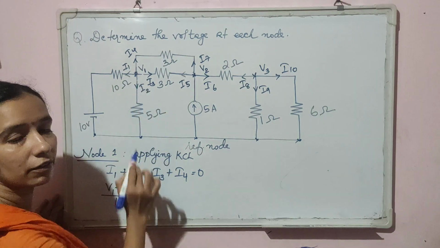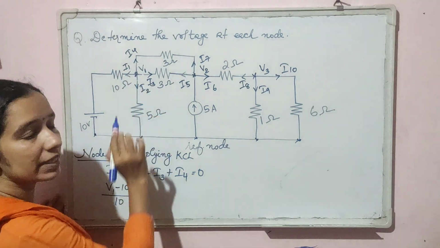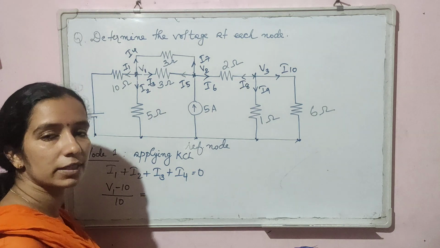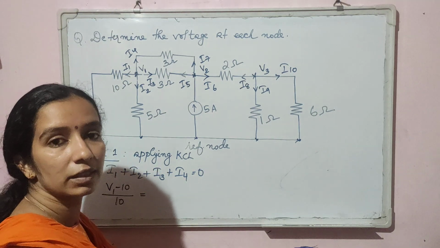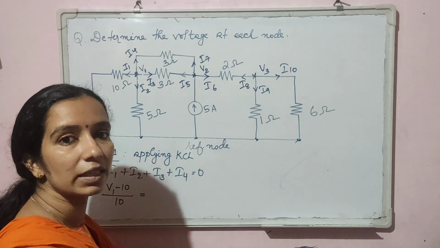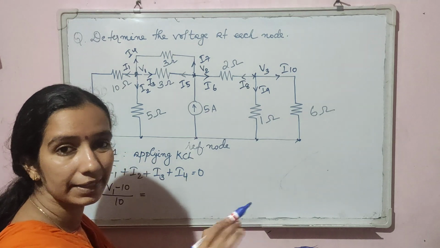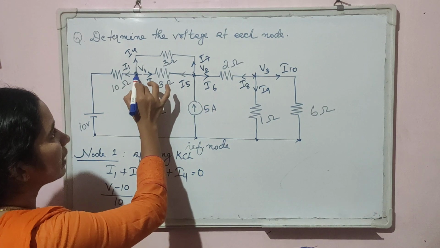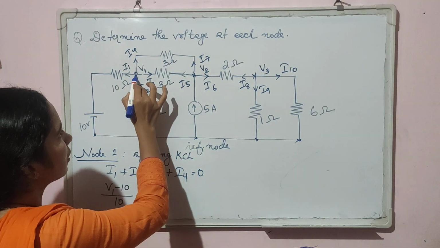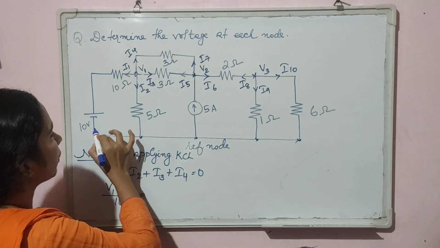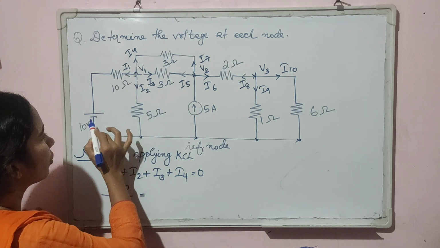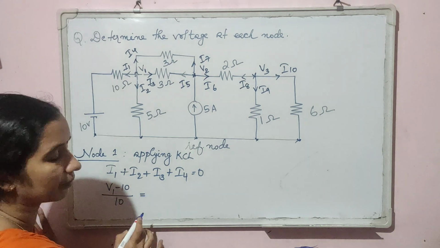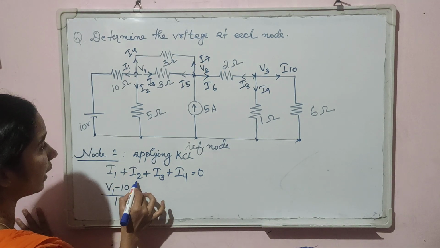In node analysis, we will always assume that the node that we are considering has the highest potential. So V1 is the highest potential. Current flows from a higher potential to a lower potential, and for this battery, current I1 is flowing from positive to negative. So V1 minus 10 by 10.